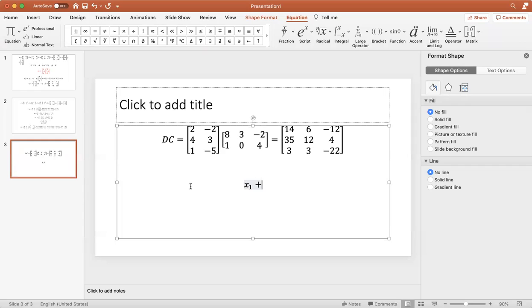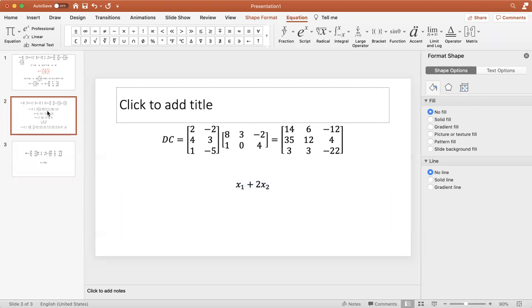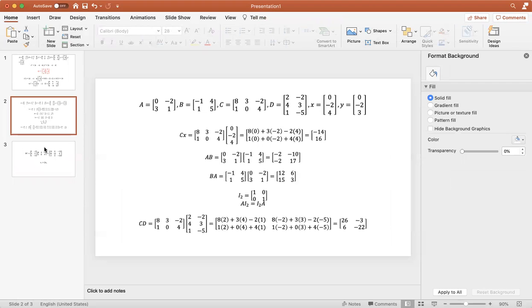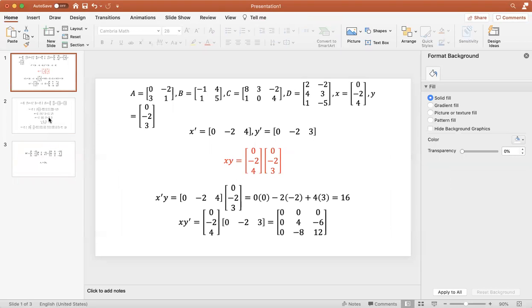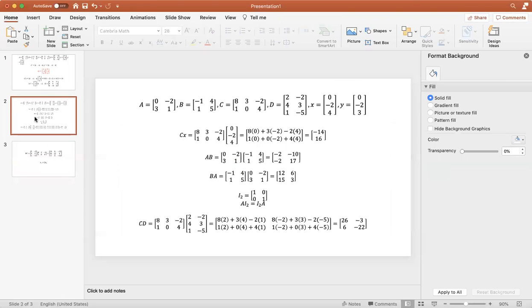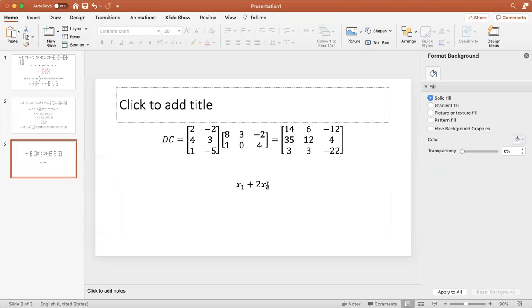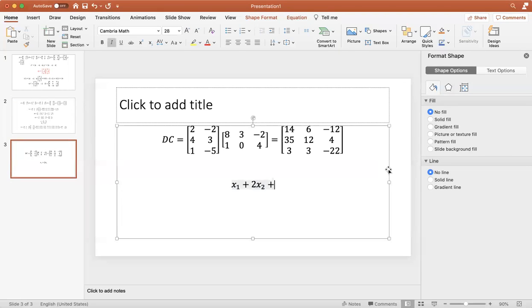So let's be specific. You have x1 plus 2x2 plus 3x3, and let's denote that as a constant, so equal to some constant a. Okay.